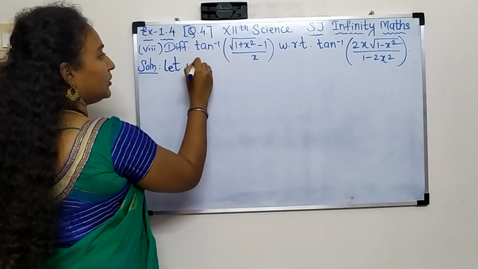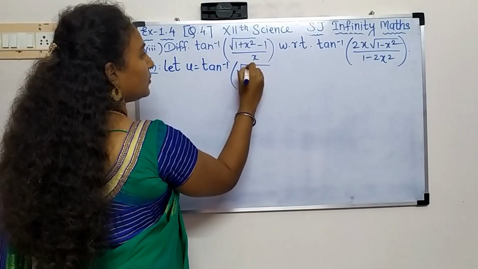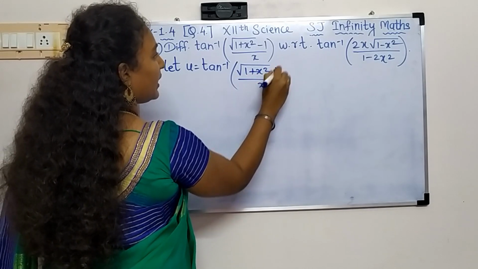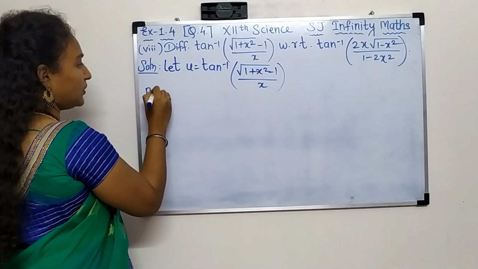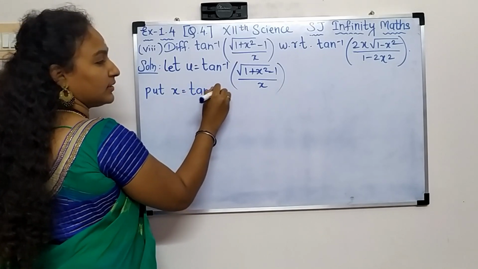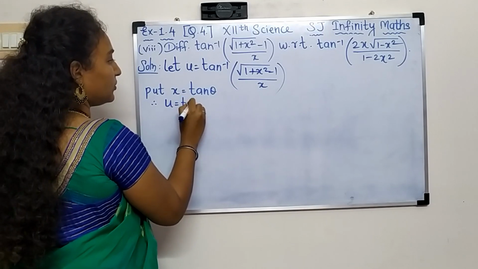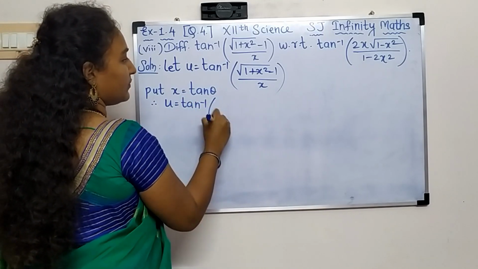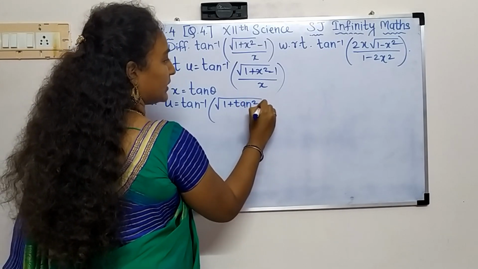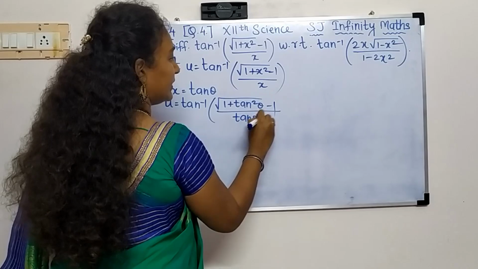So let u equal to tan inverse root 1 plus x square minus 1 upon x. Put x equal to tan theta. Therefore, we have u is equal to tan inverse root 1 plus tan square theta minus 1 upon tan theta.